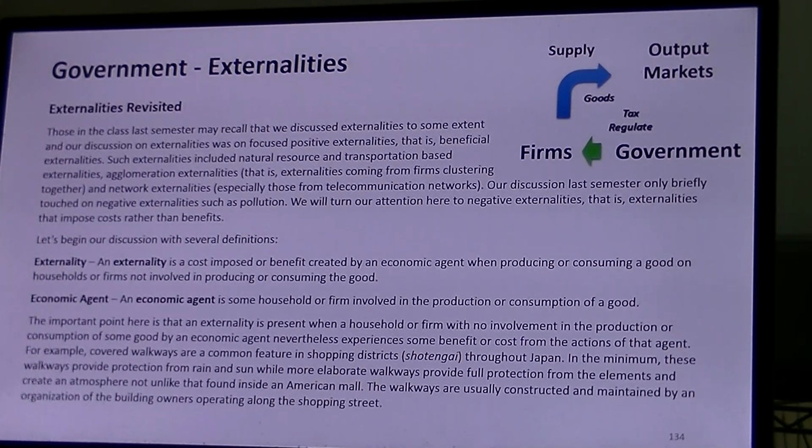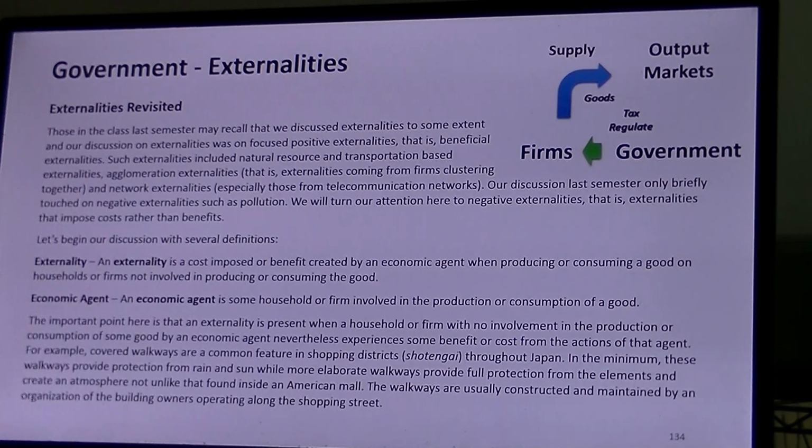If you're from other places in Japan, you might even be more used to that than what you may see in Tokyo. Such walkways provide protection from rain and sun, while more elaborate walkways provide full protection from the elements and create an atmosphere unlike that found in an American mall.